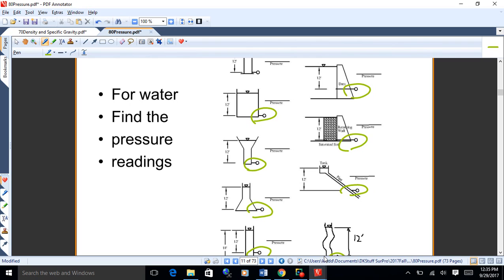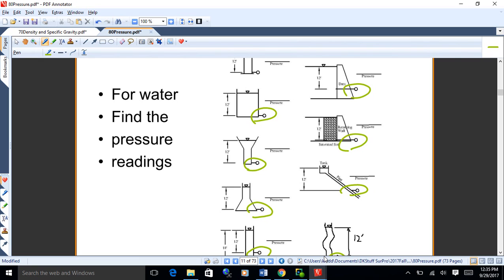So for pressure, you always use PSI, pounds per square inch. That's normally how gauges read. If this was 3 feet high, you would just take 12 times 3. No, because the conversion handles all that for you.